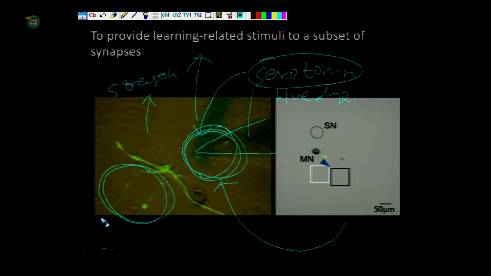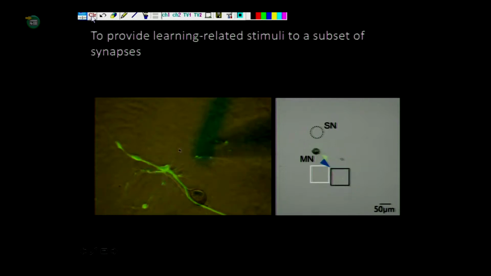Okay? So this is an extra picture. We're going to ask whether the serotonin is going to stimulate protein synthesis in just a subset of synapses or not. So that was the experiment.